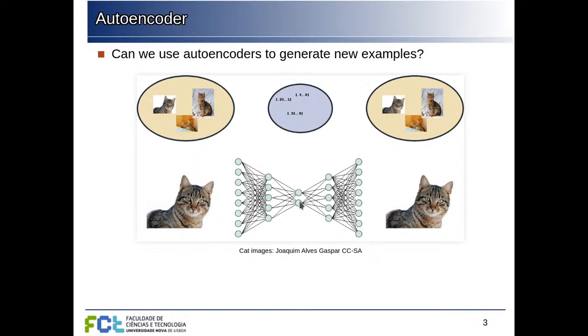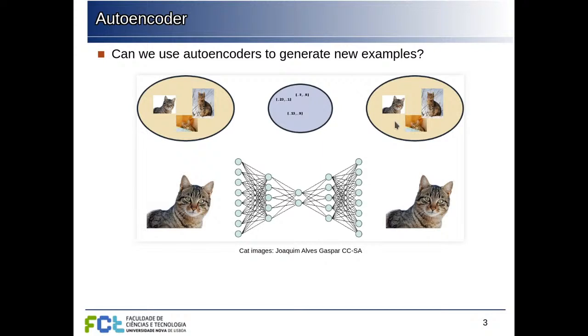We can combine the different methods, but the idea is that this first part of the network, the encoder, is translating or transforming the input from the space where the input examples are, for example, the set of cat images, into this latent representation that has some attribute. For example, it's a lower dimension, or it focuses on specific features and so on, depending on the kind of autoencoder that we use. And then the decoder can translate back into the original space.